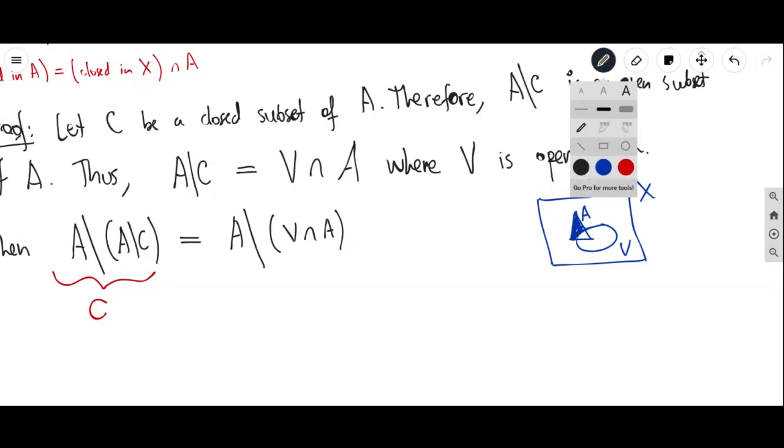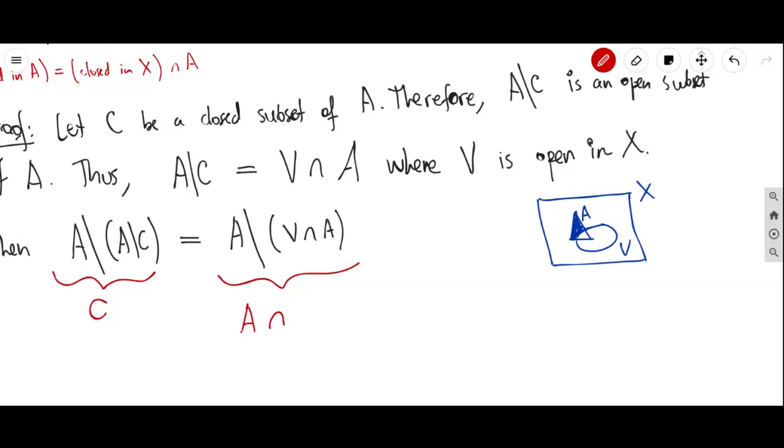Now you should be able to see from this picture that this can be rewritten in the following way. You can rewrite this as A intersect the complement of V. So you can rewrite this as X take away V.